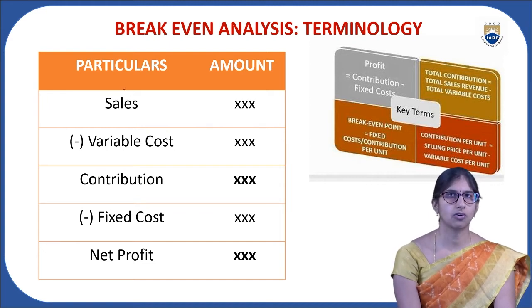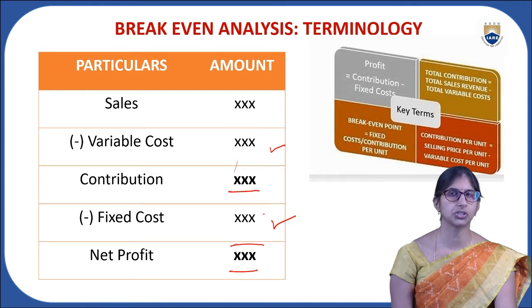Here the cost sheet is going to be associated with only two types of cost, that is variable cost and fixed cost. Now coming to the particulars, first we have sales, which we need to write down. Sales minus variable cost is the contribution, and contribution minus fixed cost is the profit which we are going to get. Okay, this is the cost sheet.